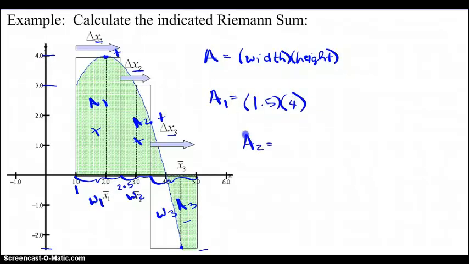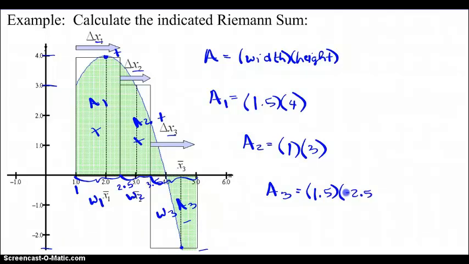And now area 2. The width of area 2, we start at 2.5 and we stop at 3.5, so that width is 1. And the height of that rectangle appears to be 3. And for the third rectangle, that width appears to be, we go from 3.5 to 5, so that width is 1.5. And now the height appears to be about negative 2.5.